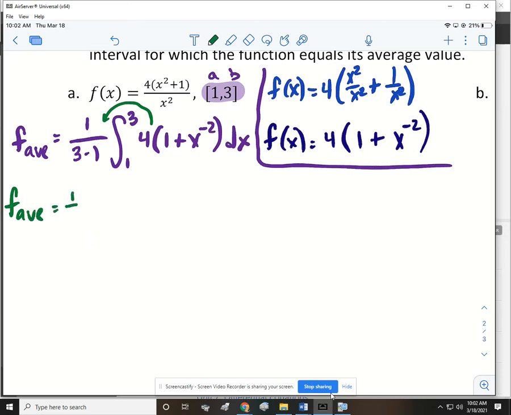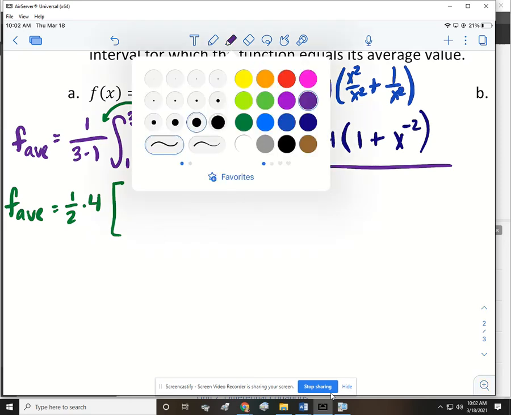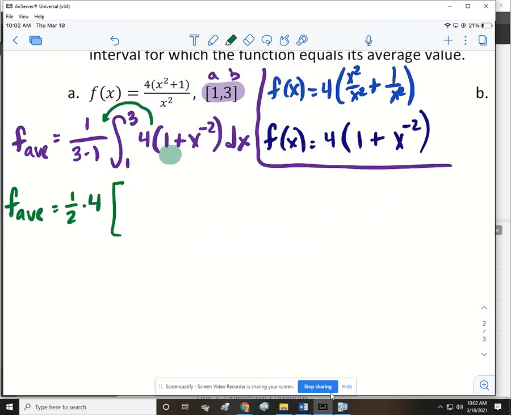So that's going to be 1/2, and then we would multiply that by the 4. All right, and then we're ready to find the integral of 1 plus x to the negative 2, because that 4 is bumped out. So the integral of 1 dx is going to be x, right?